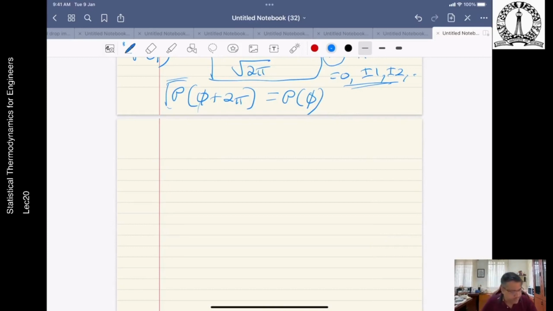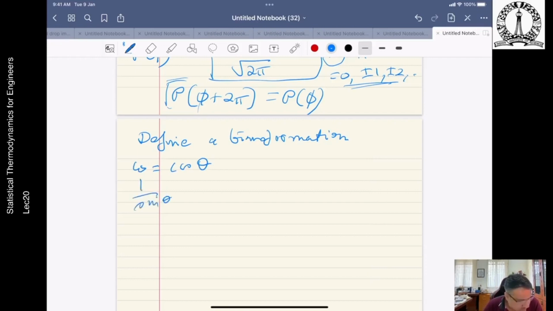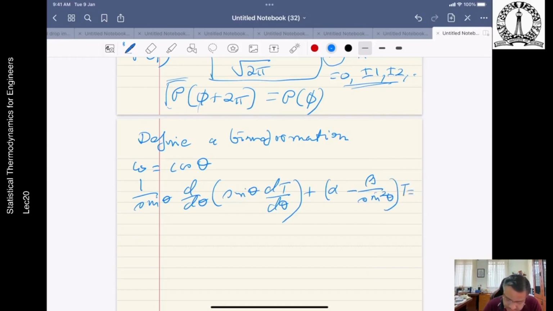Okay, so now define a transformation. What is that transformation? Say define omega equal to cos theta. So therefore 1 over sine theta d by d theta of sine theta dT by d theta, plus alpha minus beta over sine squared theta, T was equal to 0.